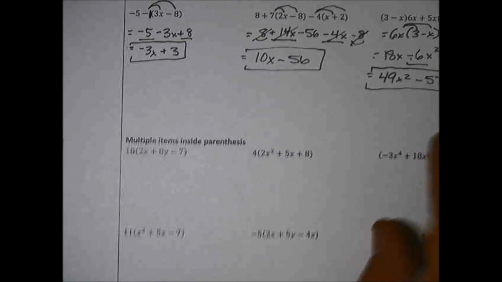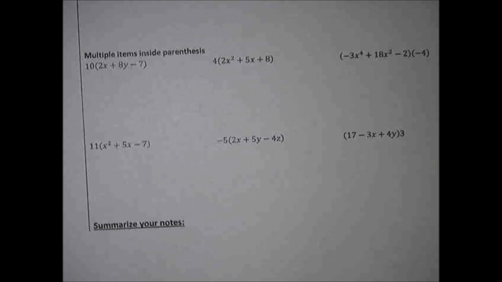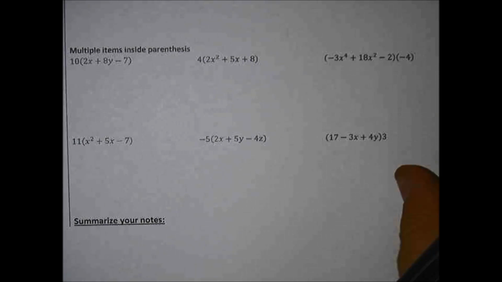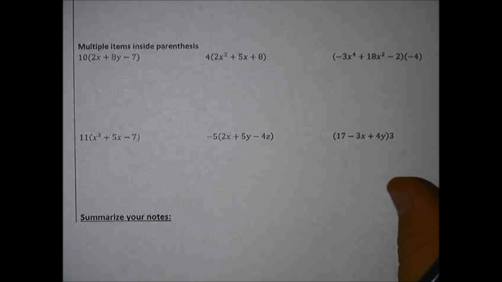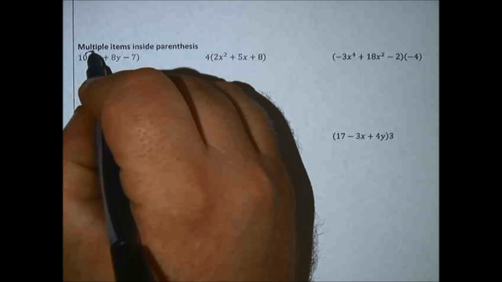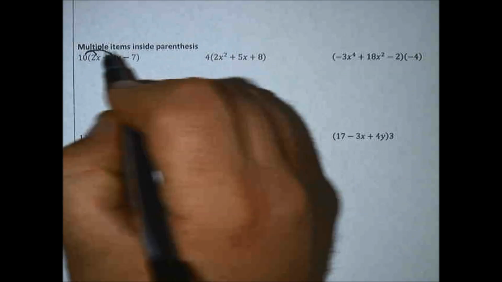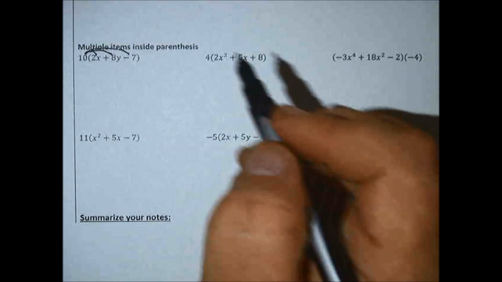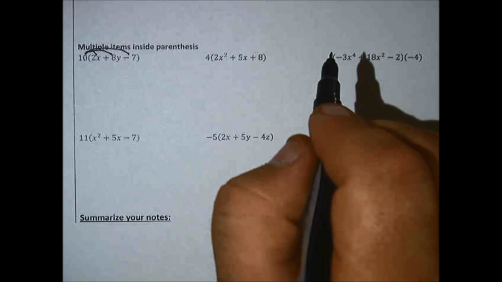I really like it. Alright, last thing we're going to end with, what if we have more than 2 things on the inside? Okay, not that big of a deal. The law told me that I just have to multiply that 10 by everything in the parentheses. So that's all I'm going to do.